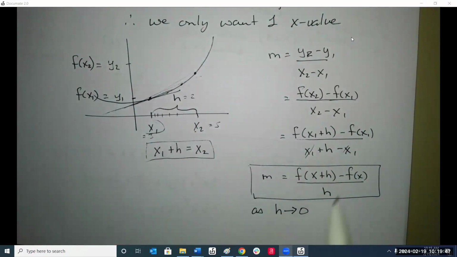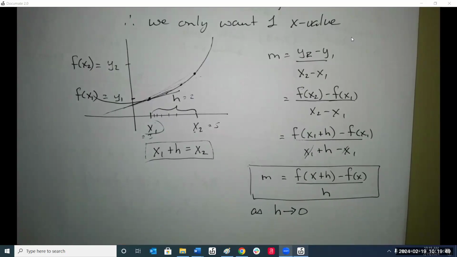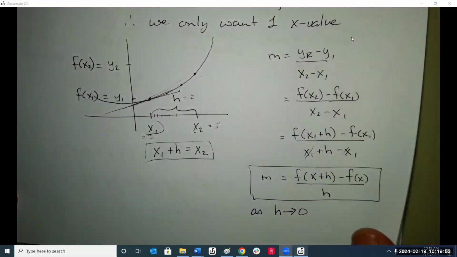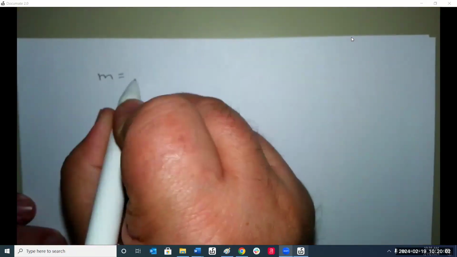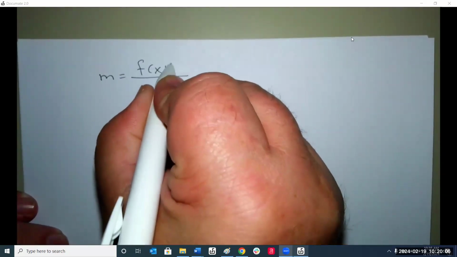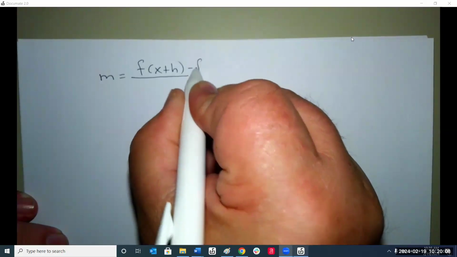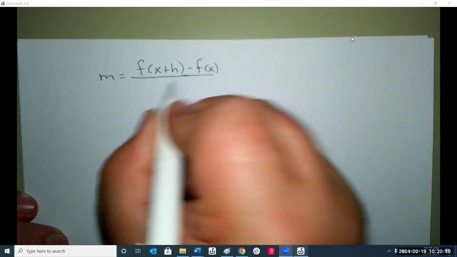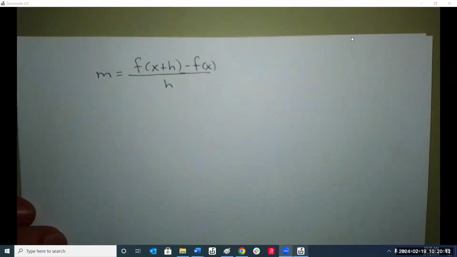This is the formula we'll be looking at. All right, let's look at some examples. The difference quotient is f of x plus h minus f of x over h.